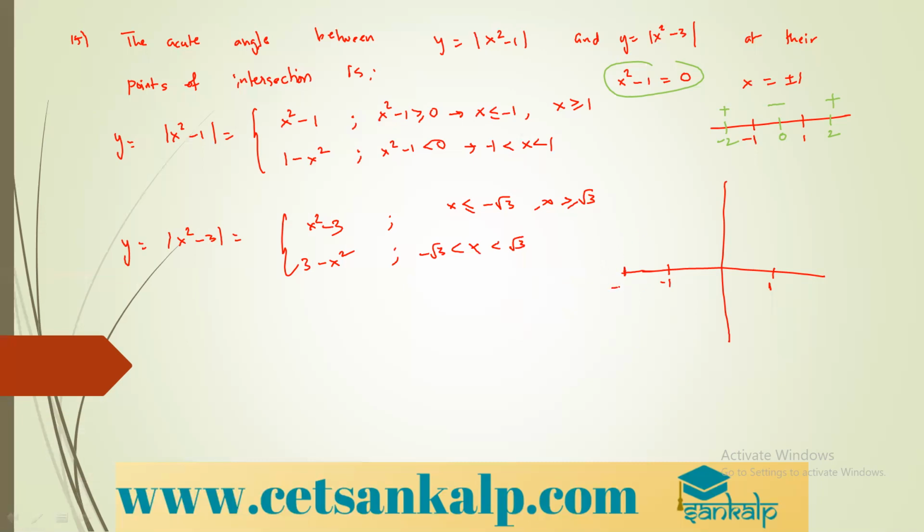Somewhere here I will write between minus root 3 and plus root 3 another graph. The graph will be positive x square minus 1. And the graph will be negative. You can see between minus 1 and 1, the graph will be negative, the first graph. So it is a parabola, but it will be something like this. This is the graph of y equal to 1 minus x square.